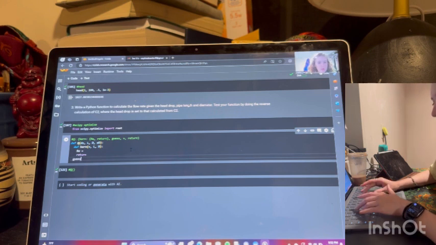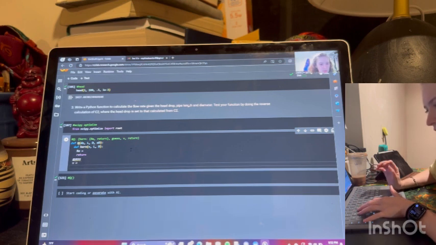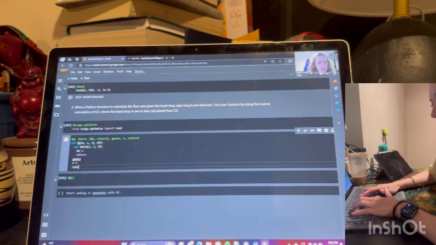And then we're going to do a guess, and V equal to, and then another return.